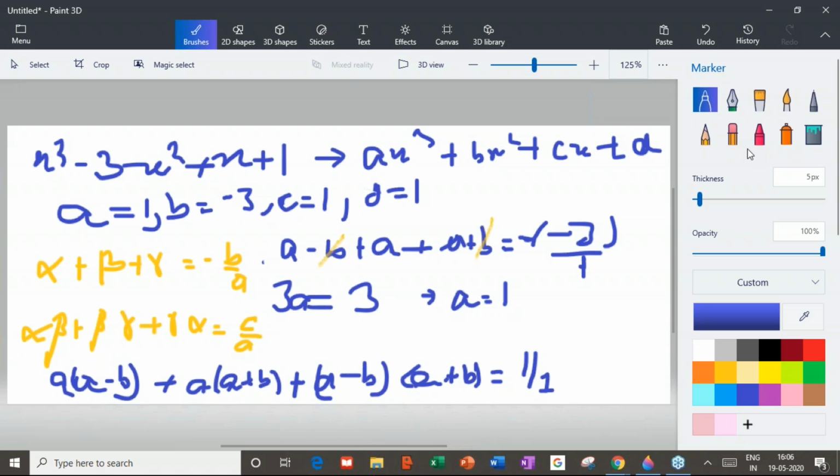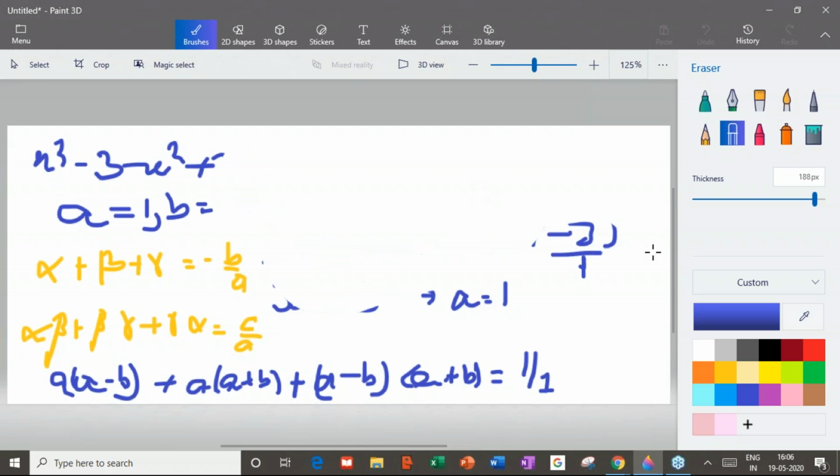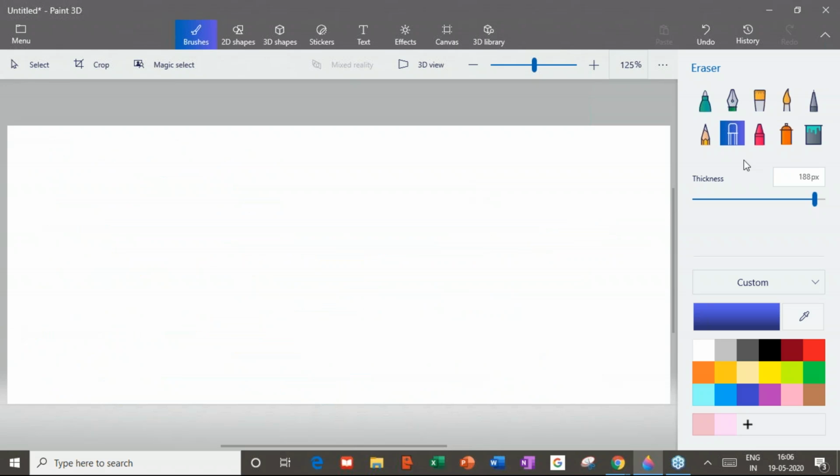How are you getting it as minus 3? Okay, so I'm going to show you where it's going wrong. This part is clear, right? I'll explain how to do that equation.